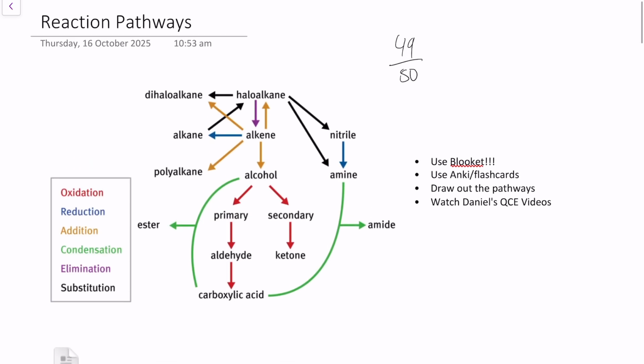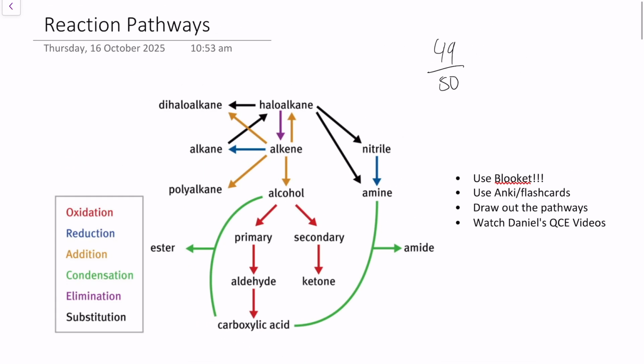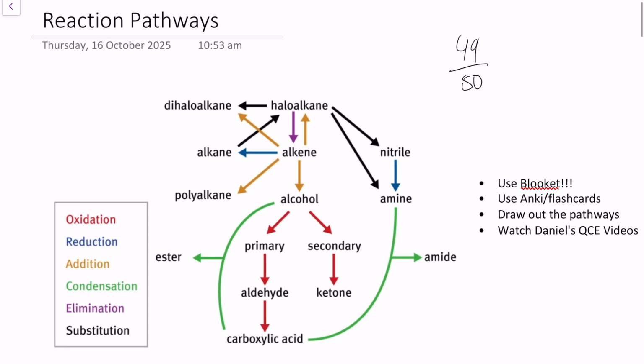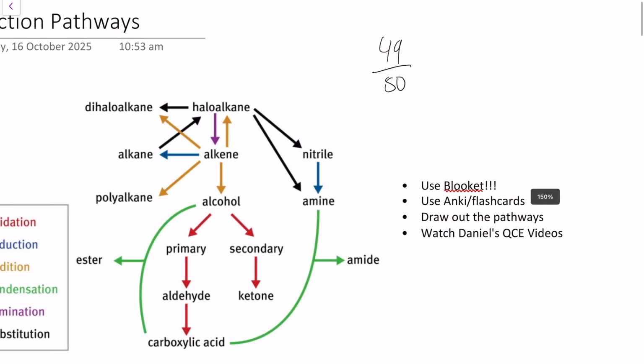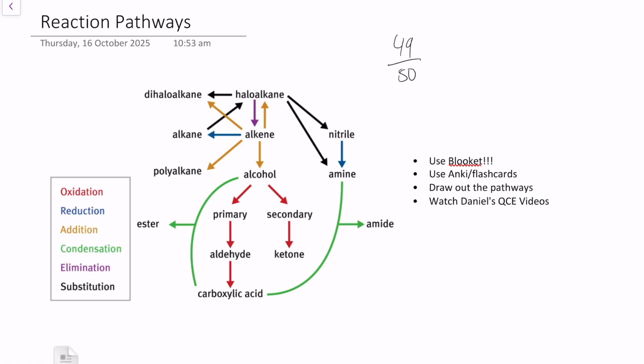So, as you can see here in this image, this is the one directly from the QCAA syllabus on the dot points of the general overview of what you need to know, on a surface level. And then I have some tips here for you, and then I'll go through talking about what they are.